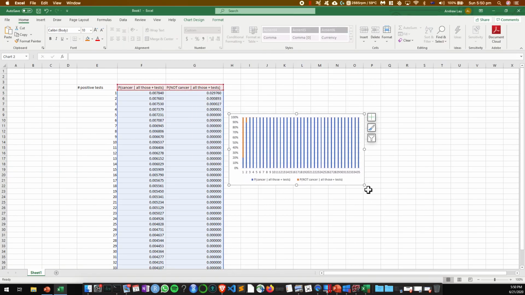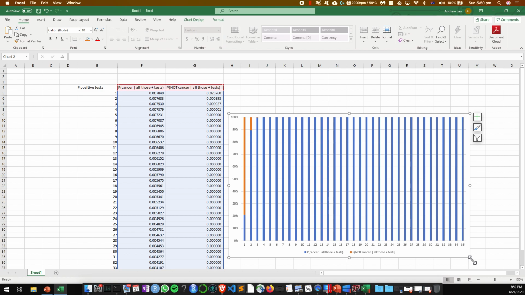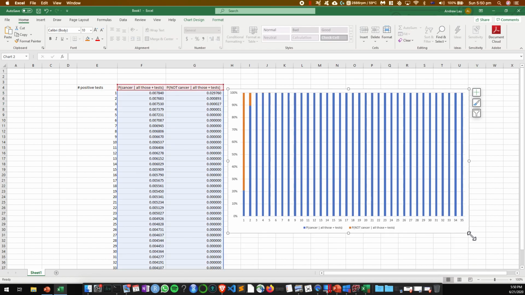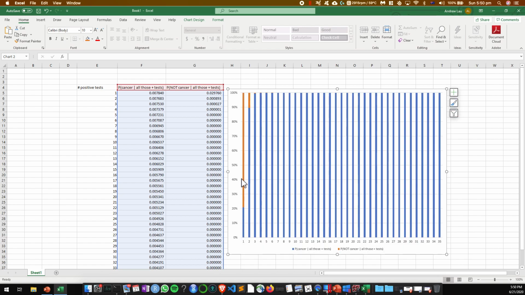It's a little hard to see here because it gets really small really quickly, but after one test, the chance of you having cancer is only like 21%. After 2 tests, the chance of you having cancer is like 89%.